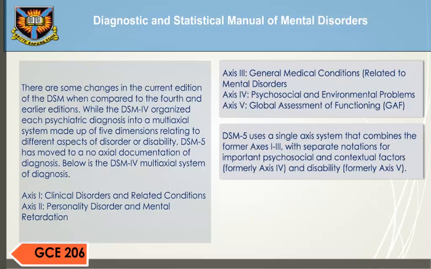DSM-5 uses a single axis system that combines the former axis 1, 2, 3, with separate notations for important psychosocial and contextual factors and disability.